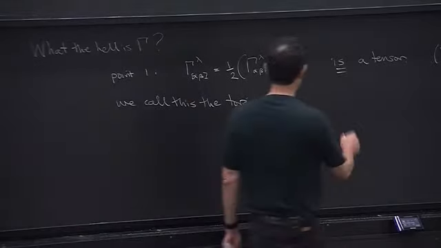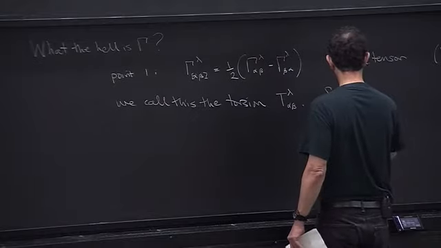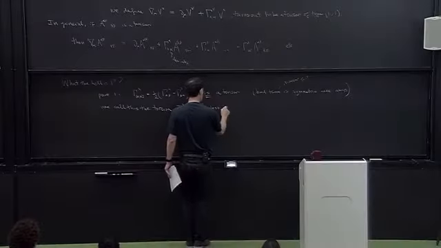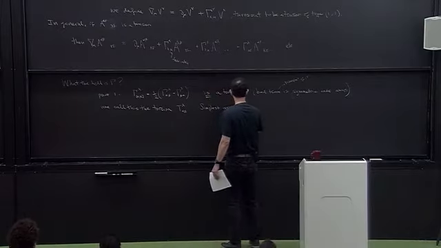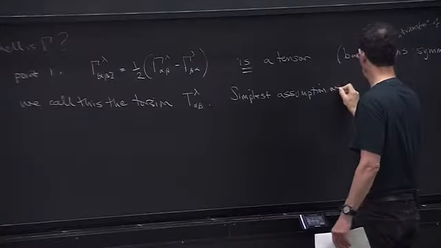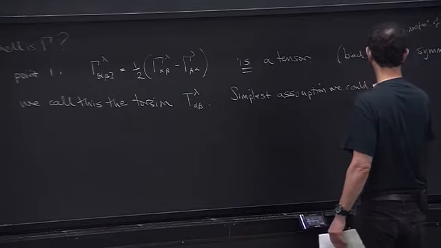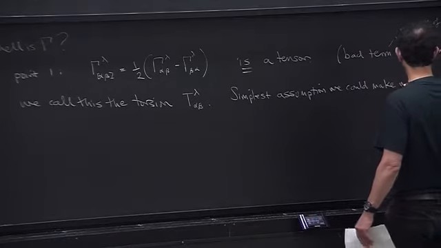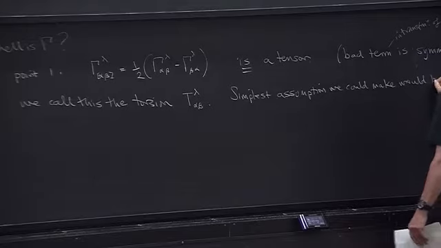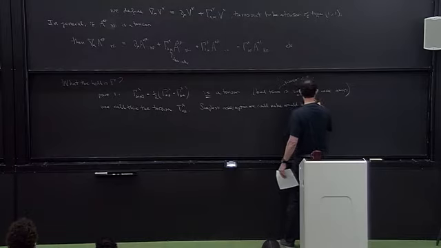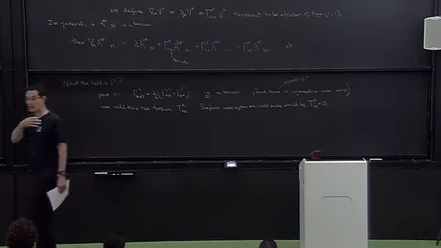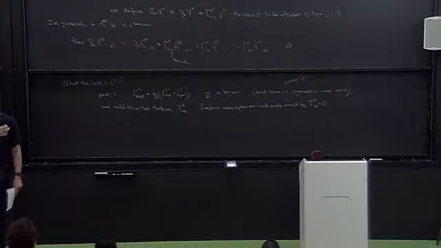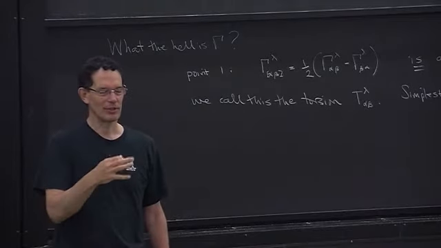The simplest assumption you could make in constructing these derivatives would be T lambda alpha beta equals 0. Because that's really a tensor, I've written down a meaningful equation. The torsion is 0.